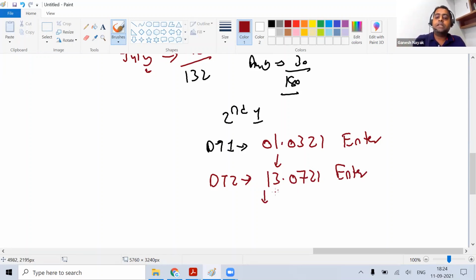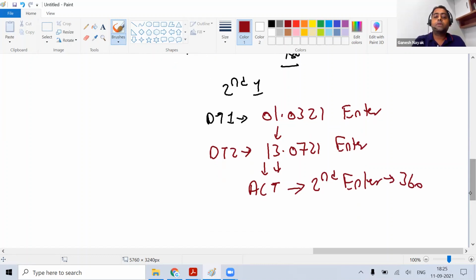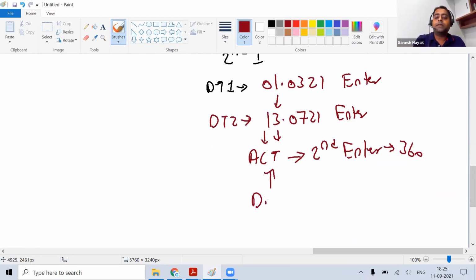Then press down 2 times. If you're seeing actual by actual, convert it. How can you convert? Press second, enter, and convert it into 360. Once you have converted into 360, press up and reach DBD and compute.